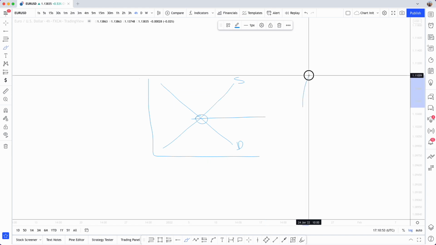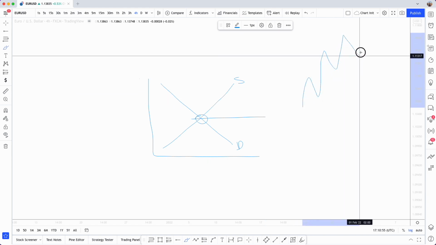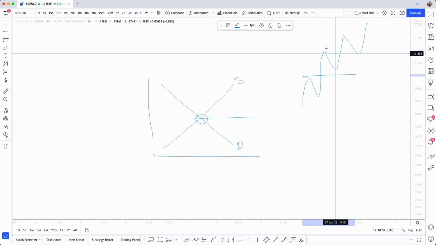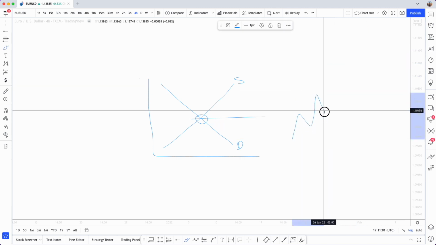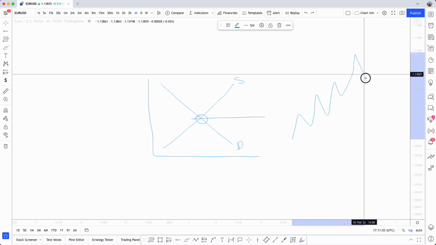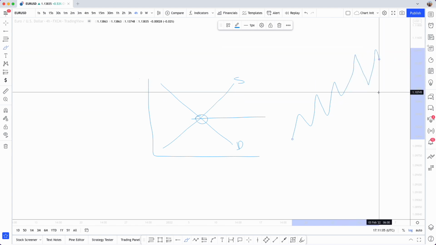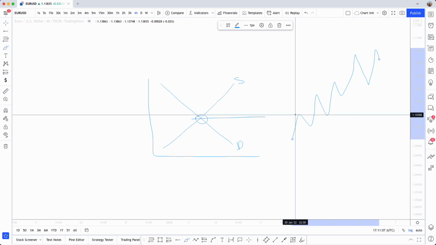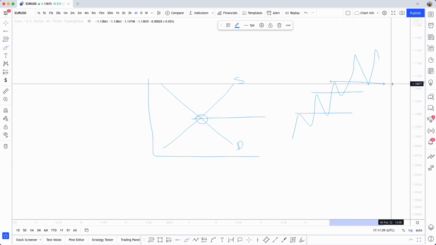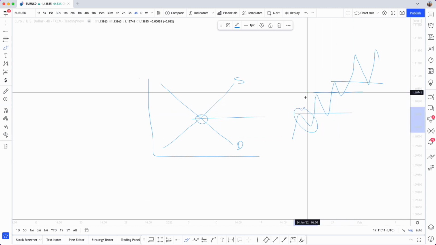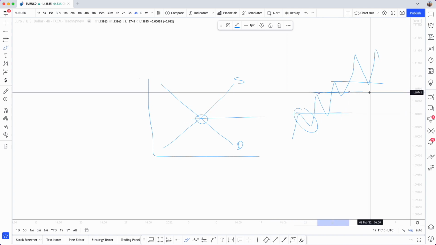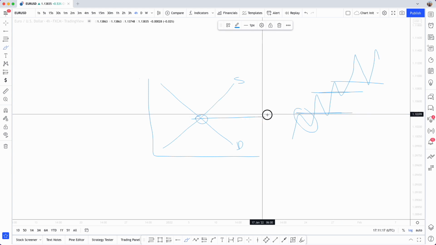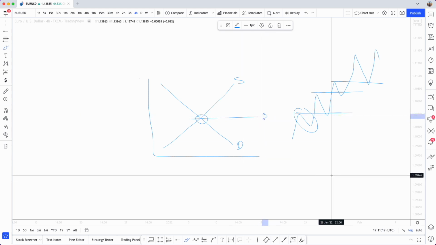So with normal markets we have this. There we go. In this case, price is moving perfectly, there's a perfect amount of supply and demand, and there's no imbalance in the pricing.